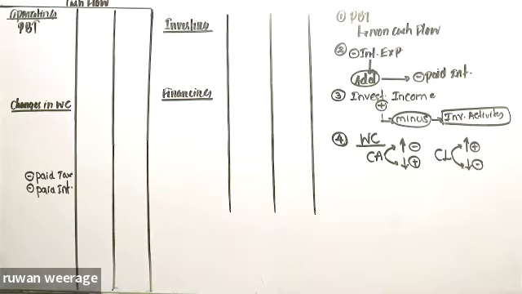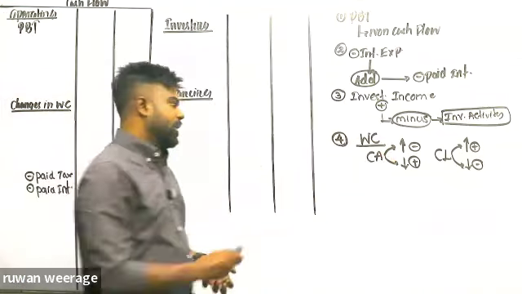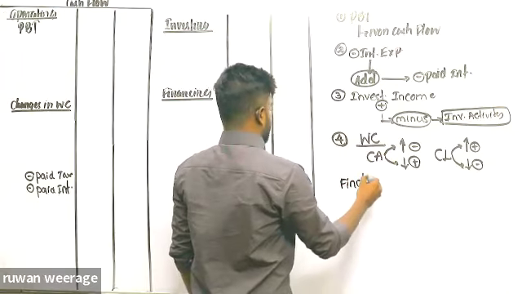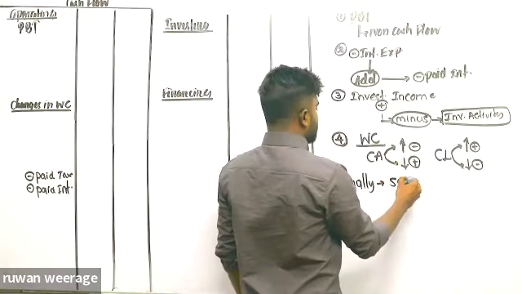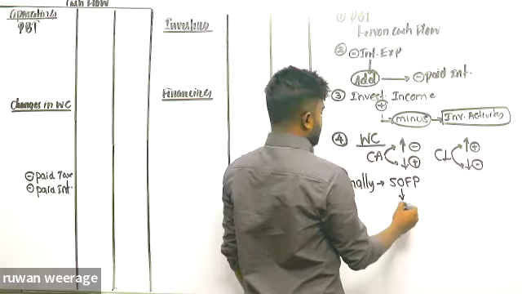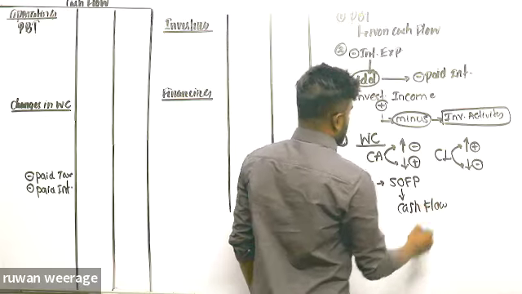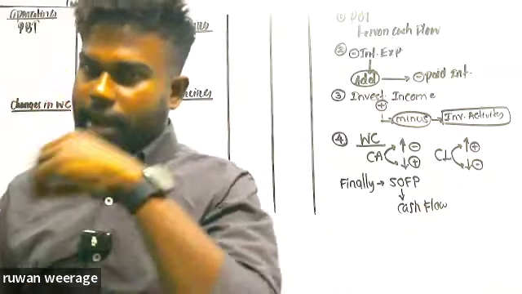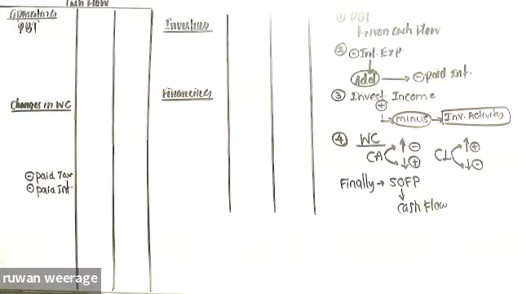Right, finish. Then first of all, try to follow these steps and do the adjustments. Then finally, consider the SOFP items and identify other activities, other cash flows. Look at the statement of financial position items and think whether each is a cash increase or cash decrease. Okay, the finish.